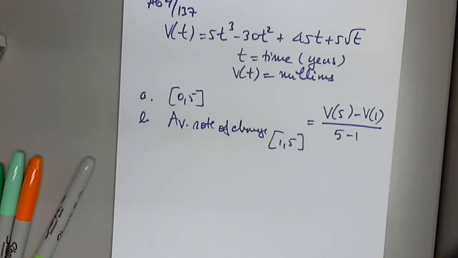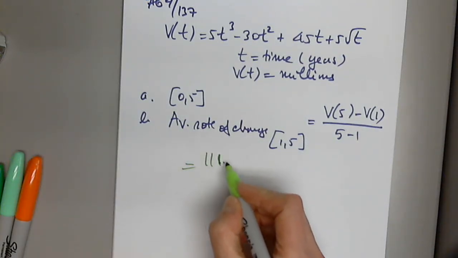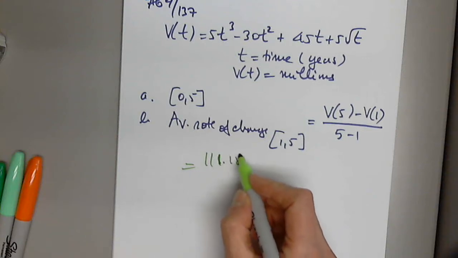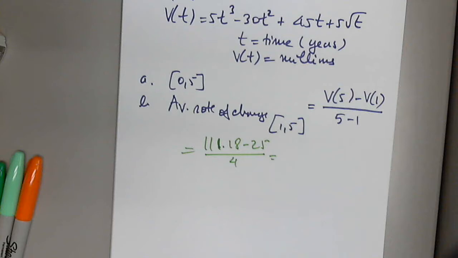Now go to second and table, and I will plug in 1, and I will plug in 5. I will scroll to the right. 111.18, and then 25. So 111.18 minus 25 divided by 4. This is the average rate of change.